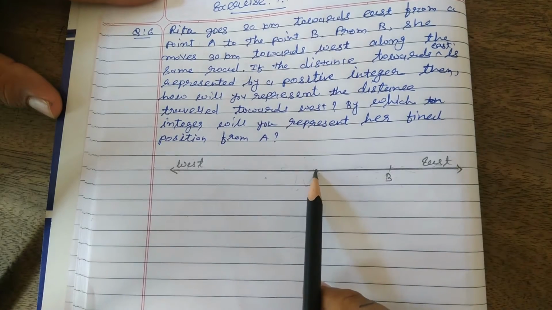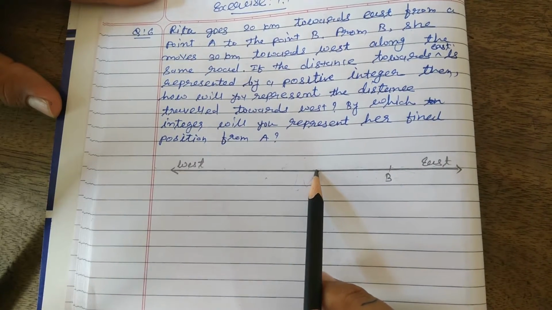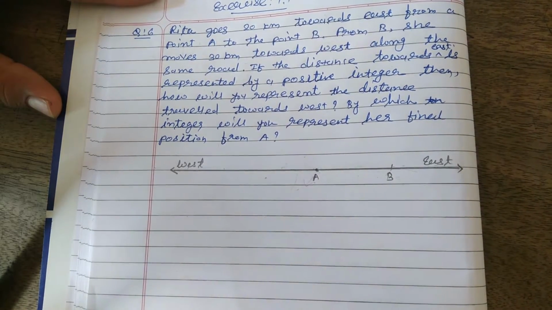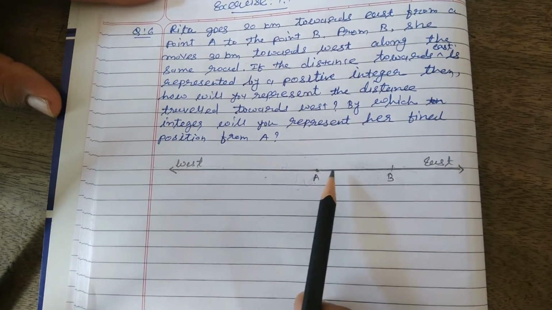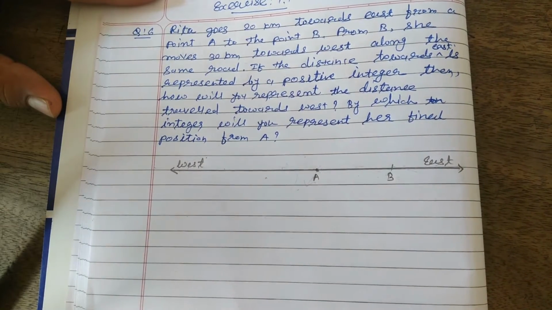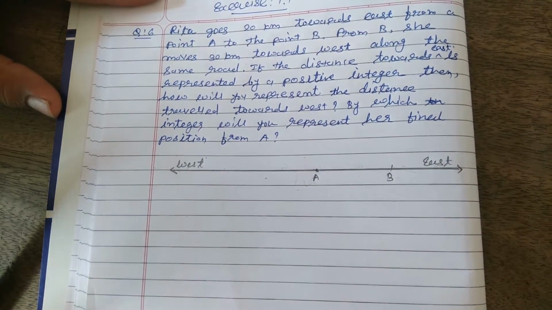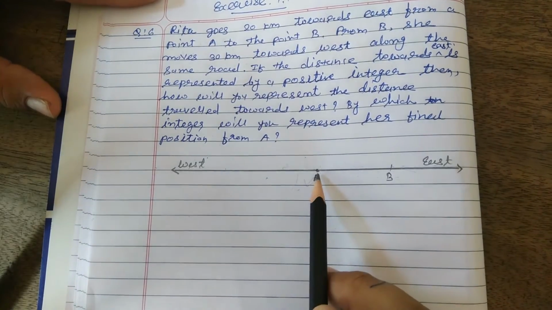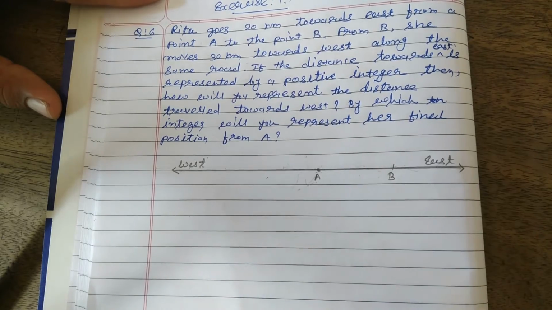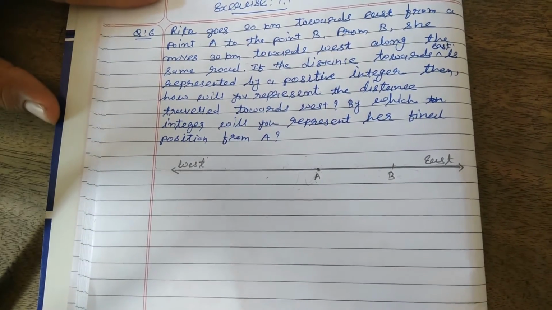Now if the distance towards east is represented by positive integer, then what will be the distance towards west represented by? So of course it will be negative, as we know that on a number line from a point 0, if we go towards right side, positive integers come.